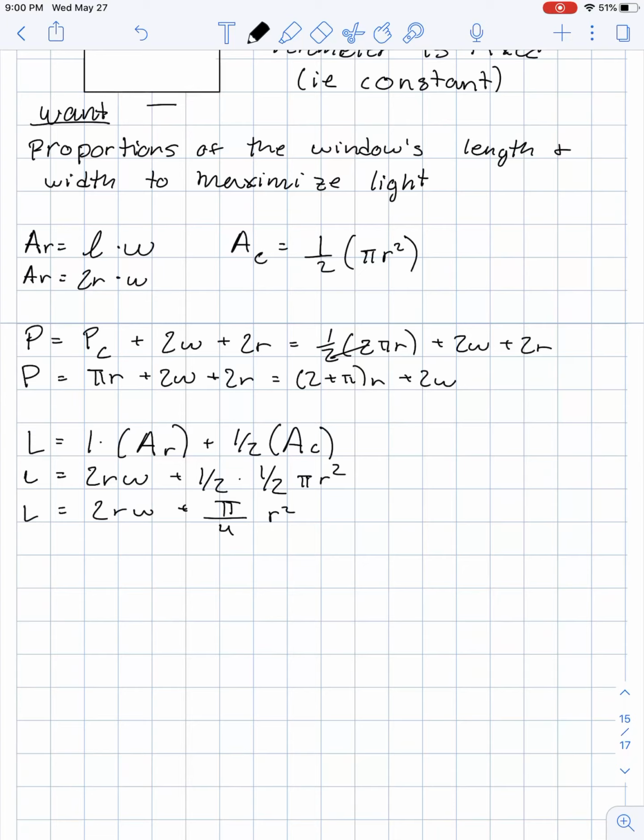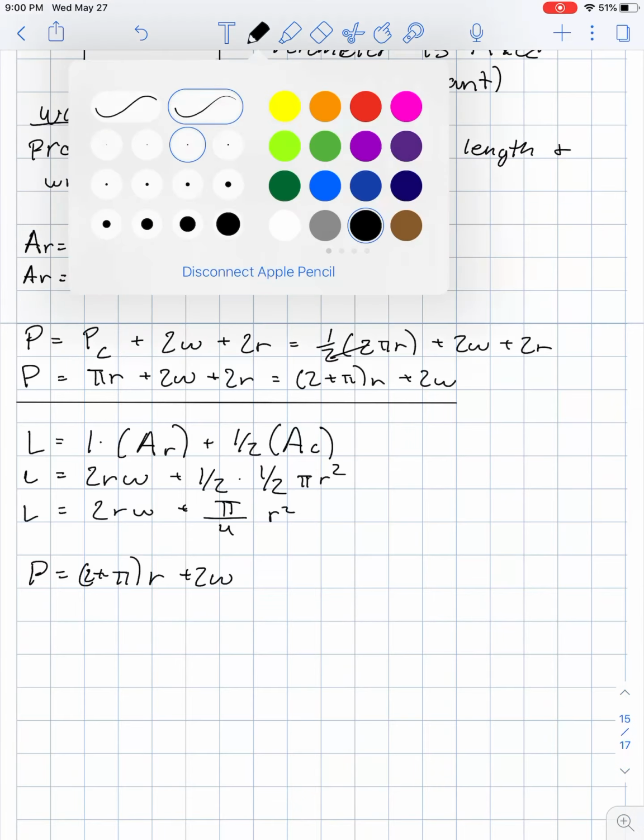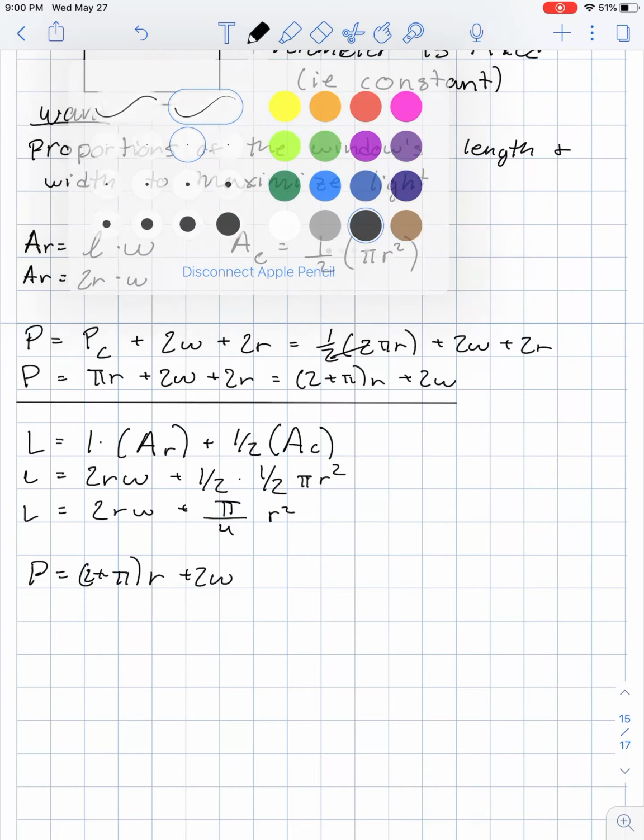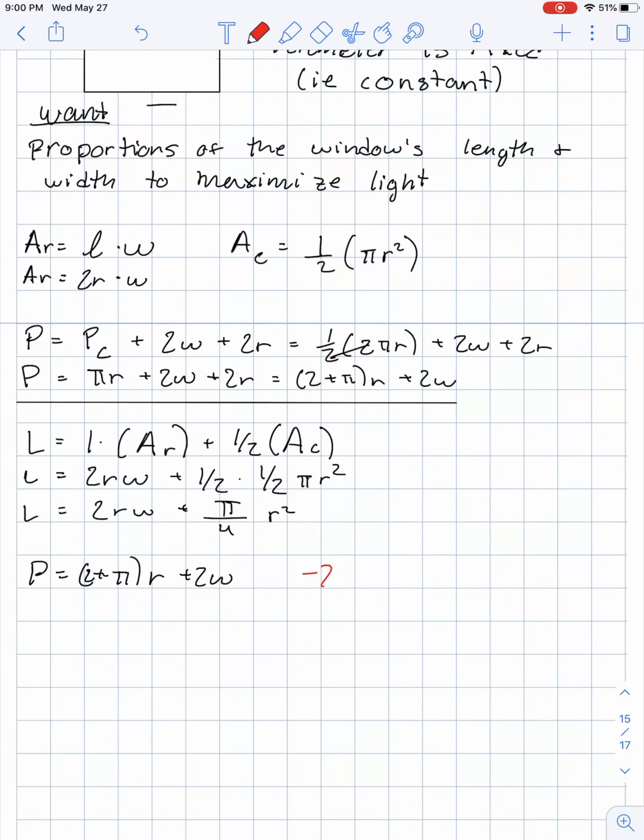Okay. Well, I still have L in the terms of W and R. So since I have lots of different R's, I want to solve for W in this perimeter equation up here so that I can only have R's in my light equation. So we have P equals 2 plus pi R plus 2W. This is why collecting all of those R's is kind of useful. So now we're going to subtract 2W. Oh wait, not 2W.